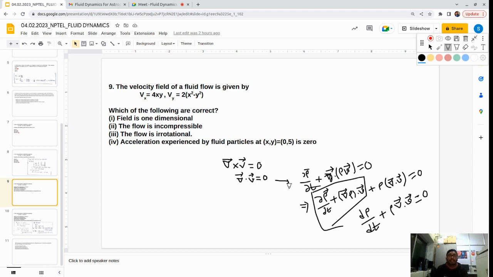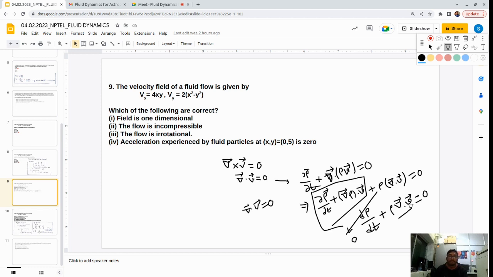In case of incompressible flow, this d rho dt is going to be 0. If it is 0, then rho divergence of v also has to be 0, right? So divergence of v will be 0 in this case due to this reason. Basically d rho dt has to be 0, and since the mass conservation equation has to be satisfied, the divergence of v has to be 0 to be incompressible.